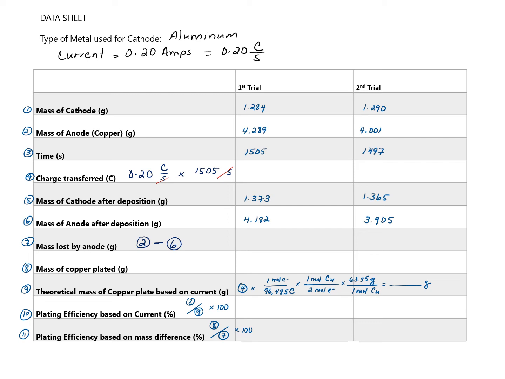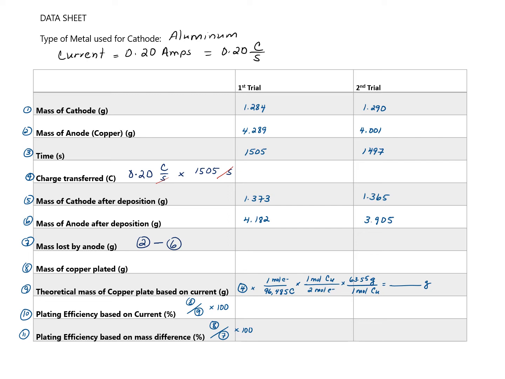To determine how much copper is being plated on top of your piece of aluminum, you have your initial mass for aluminum, which is what you have in number 1, right? After the experiment, that number goes to what you have in number 5, mass of cathode after deposition. So you see your number is increasing.